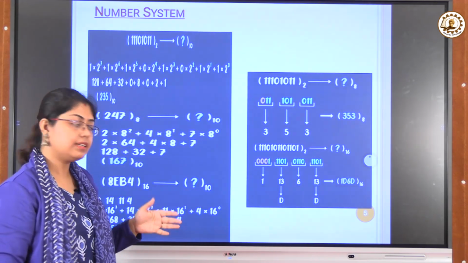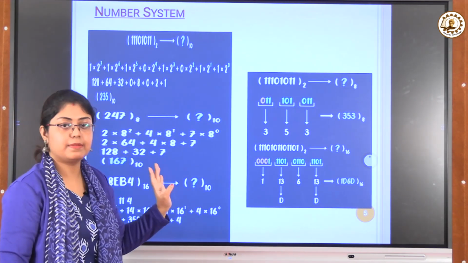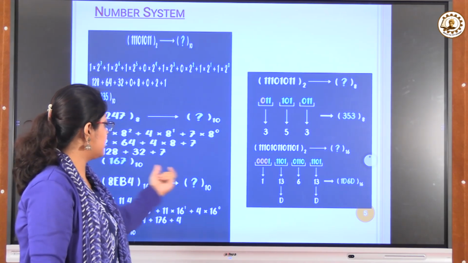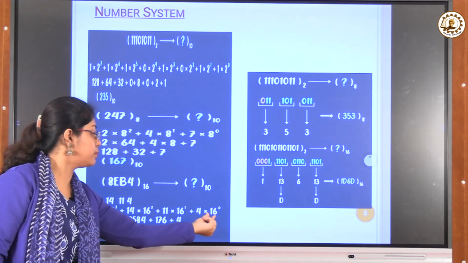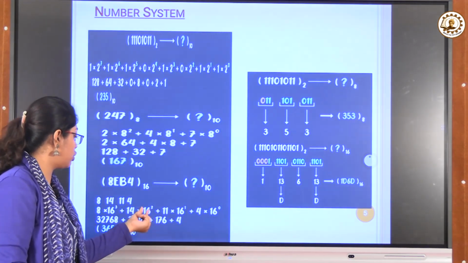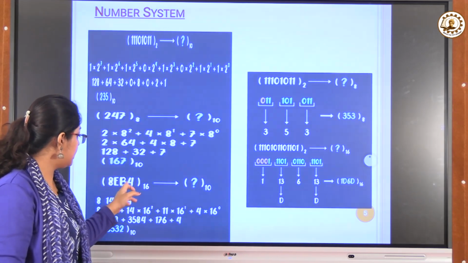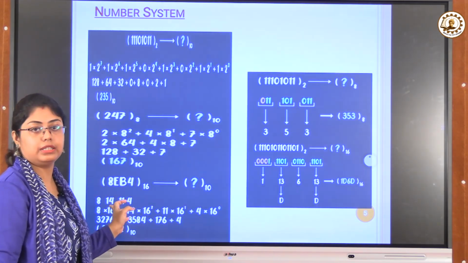Okay. Just like that, whenever it is in hexadecimal, then the corresponding decimal number. Whenever the conversion is from any number system to decimal, this is the procedure. So 16 is there, so 16 to the power 0, 16 to the power 1, 16 to the power 2 and 16 to the power 3. Okay. And this is 8EB4. So 8 is 8, but E is actually 14.